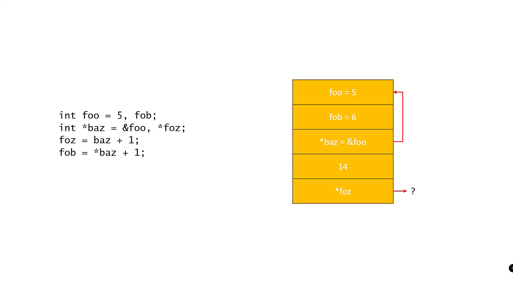But when we add 1 to this pointer value, we now cause the pointer to point to somewhere that it should not point to. When we dereference baz using the asterisk, we reference the value that's pointed to by baz. In this case, 5. We then add 1 to 5 and store the result in the fob variable.